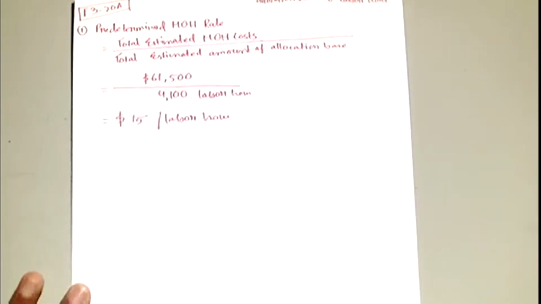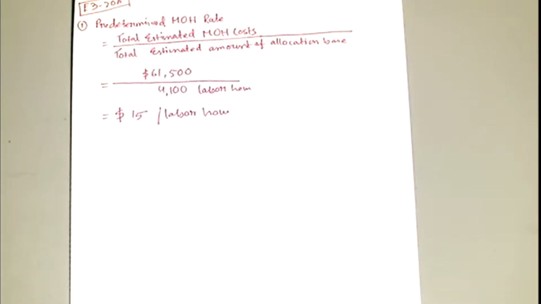Now, second part, if you read it, calculate the overhead to be allocated to each of the 2 jobs based on direct labor hours. Now we will calculate our manufacturing overhead allocated to those 2 jobs. So now we will use this rate, which is $15 per hour, and you know your actual labor hours.